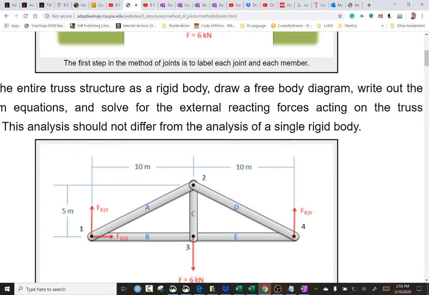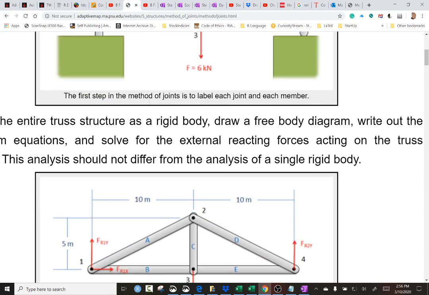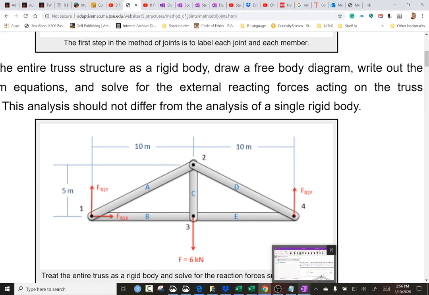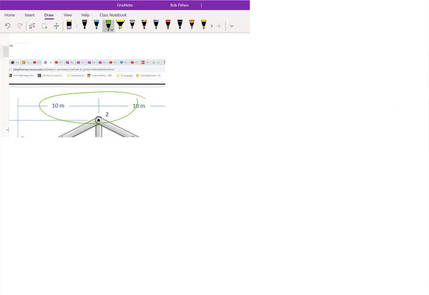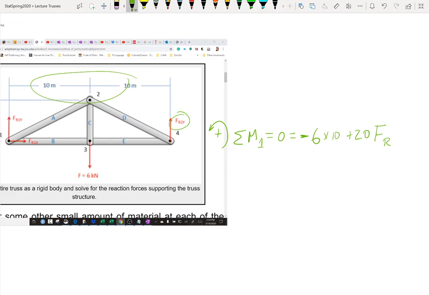I'll just say, I can't tell. I'll just call it what I can see it possibly being. I think it's FRZY, but it might be 2Y. But it also might be 4Y. But I'm just going to call it FR.